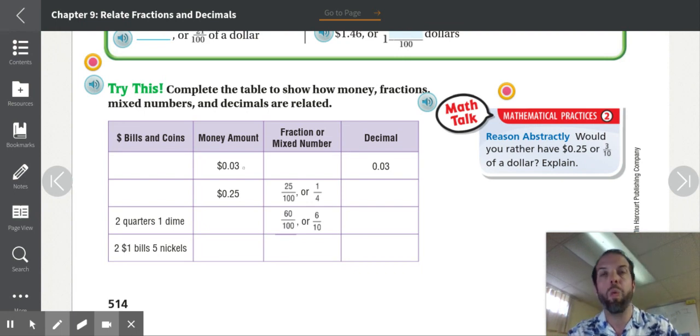We need 100. So we are taking what we learned last week in terms of tenths and hundredths, and now we're applying it to money. Okay? So they want us over here to write what that would equal in bills and coins. So if I have 3 cents, then I would have 3 pennies.